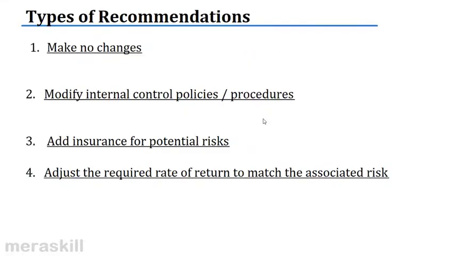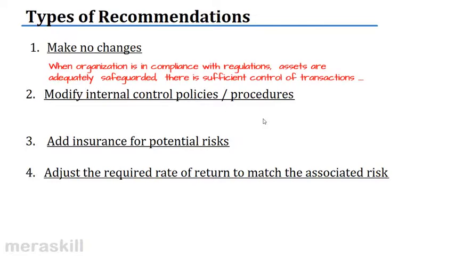The types of recommendation: one is that you make no changes when the organization is in compliance with regulations, when the assets are adequately safeguarded, when there is sufficient control, internal control is strong, then there may be no changes. That's one type of recommendation. Next, another one is where there is weak control, where there are areas of risk, where there is poor performance, you make a recommendation to modify the internal control policies and procedures.